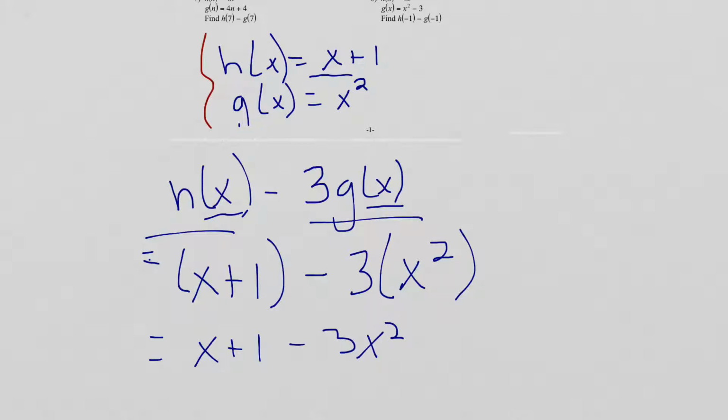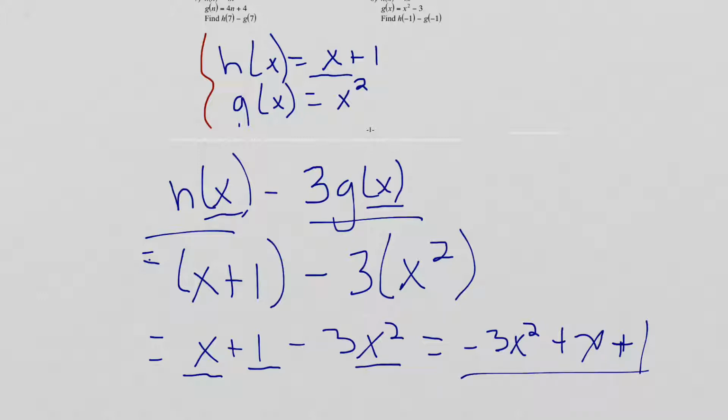There it is. And on our last line, we just combine anything we can, and there's nothing to combine, so the answer is okay as it is. Usually in math, people write the highest exponent first, followed by the variable, followed by the number. So that means -3x squared plus x plus 1 should be the result of what we have.